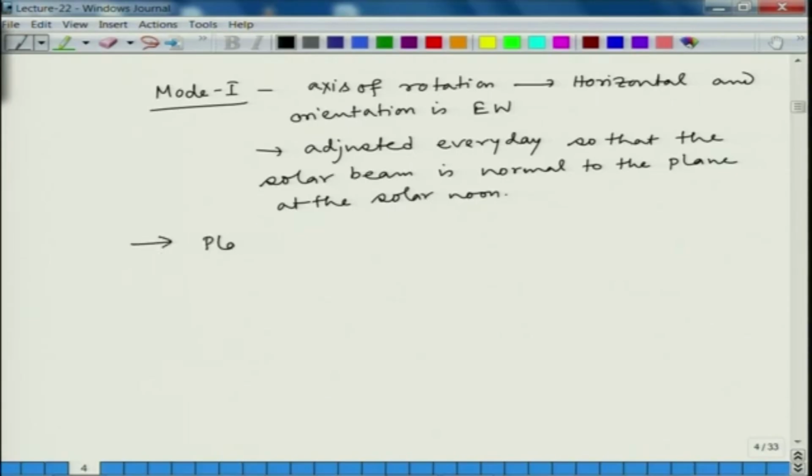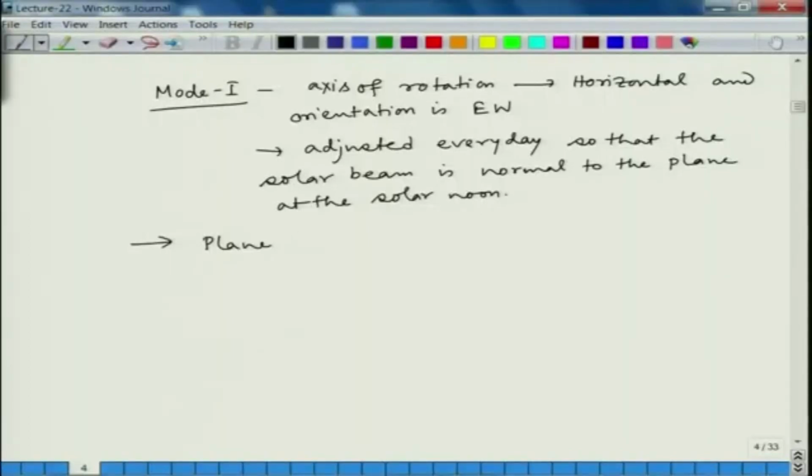So, if that is the case, then the plane, so the axis of the rotation is horizontal east west, but the plane can have different orientation, right. And we have seen that a plane is optimally oriented when it is oriented towards the equator.